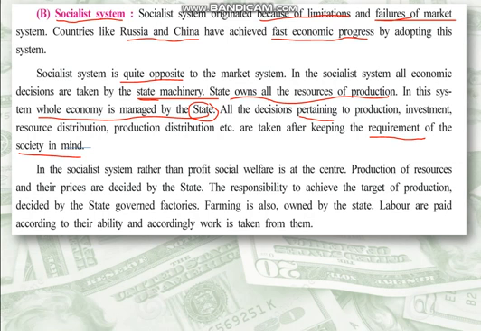All the decisions in the market or capitalist system were related to profit. Whichever things gave more profit, those steps were taken. But here the needs of the society are kept in mind.